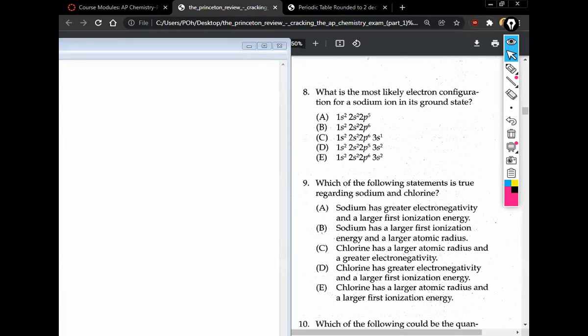I want to remind you that for the AP test, you have 90 minutes to do 60 MCQ questions. So you have about a minute, minute and a half to do each one. You got to do these real quick. I'm gonna give you a minute for this one.